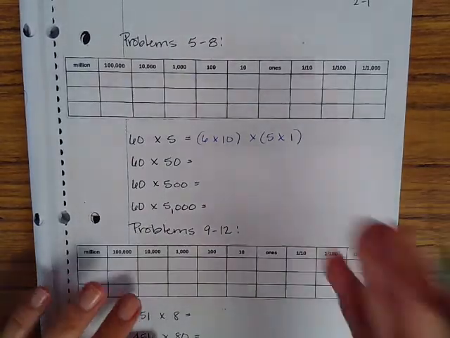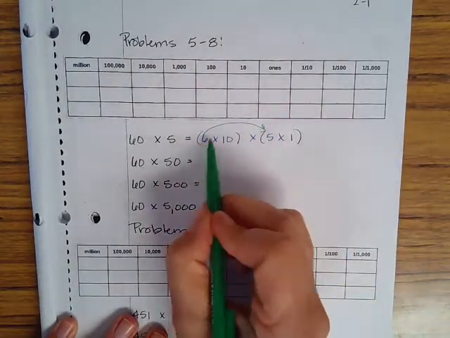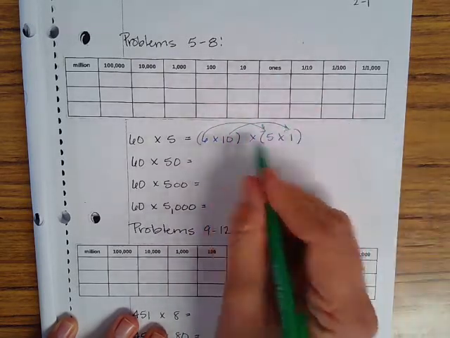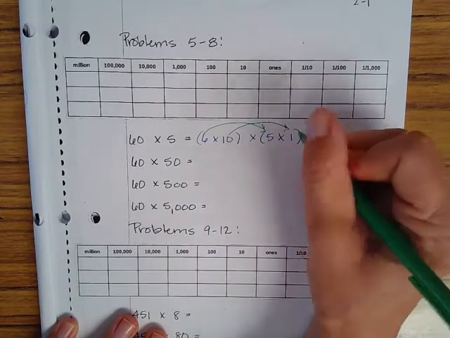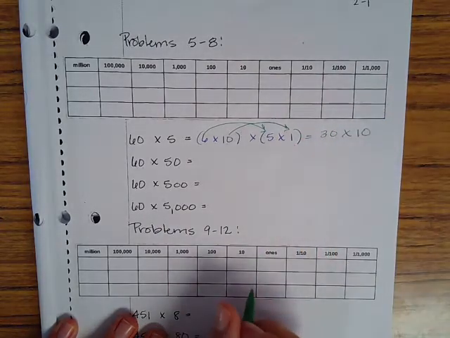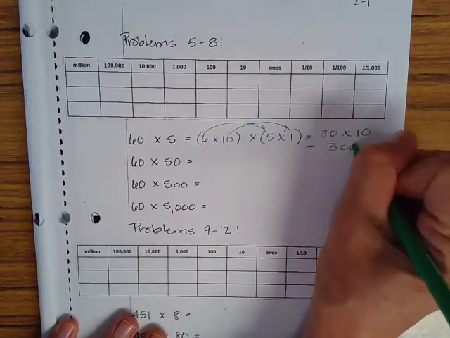Excuse me. So 6 times 5, remember first number to first number, is 30, times 10, which becomes 300.